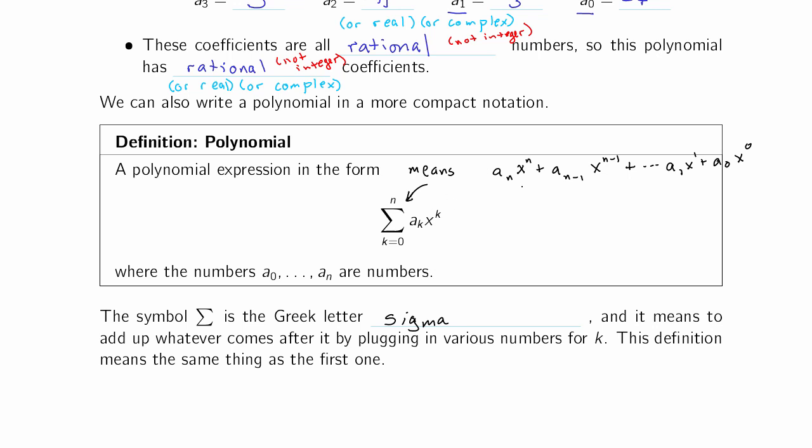So a_0 x to the 0, a_1 x to the 1, and all the way up to a_n x to the n. And we're going to pretend that x to the 0 is 1 even when x is 0. When we use this sigma notation, we typically assume that x to the 0 is defined to be 1, even when x is allowed to be 0.